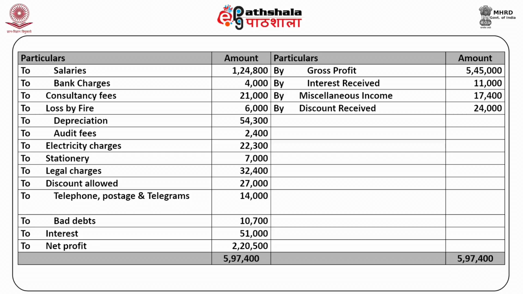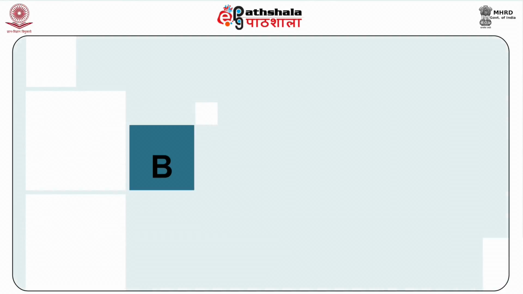The balancing figure of net profit is 2,20,500. The total comes to 5,97,400. On the right hand side, we see the gross profit figure of 5,45,000. To this we add interest received 11,000, miscellaneous income 17,400 and discount received 24,000. The total of this is 5,97,400.